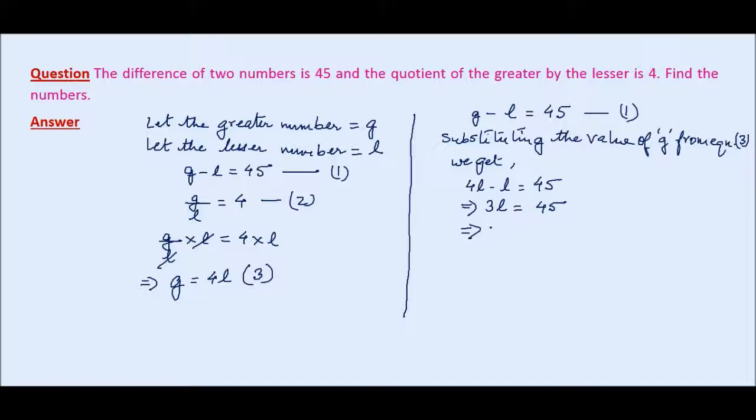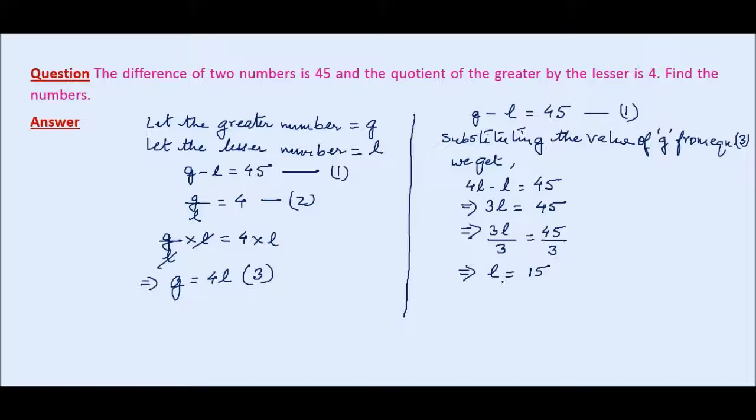This implies, if we divide both sides by 3, we get L as 15. Okay, 45 divided by 3 is 15.